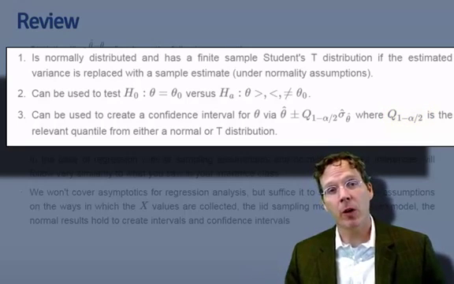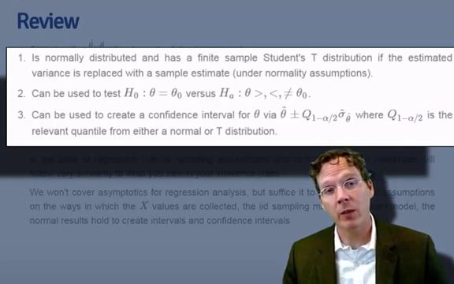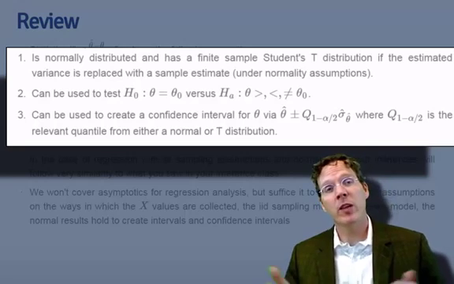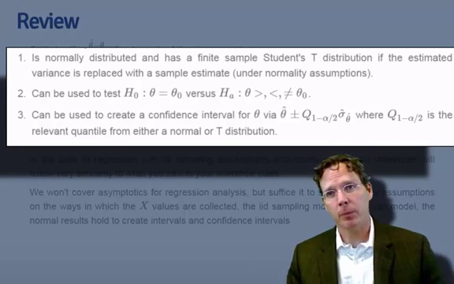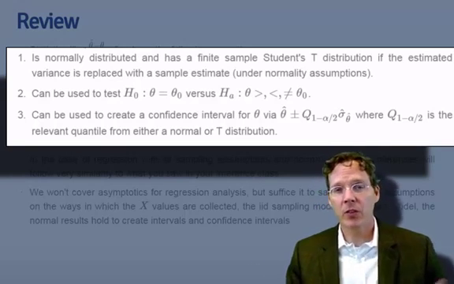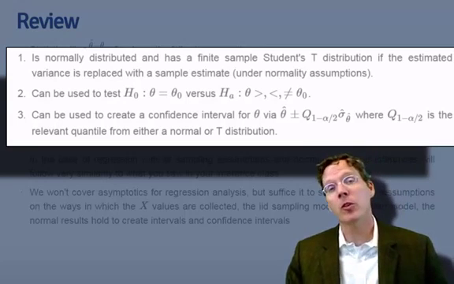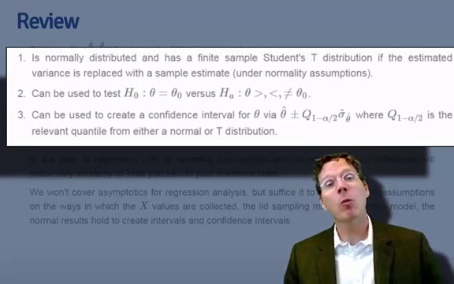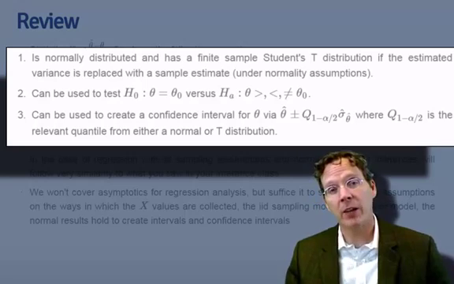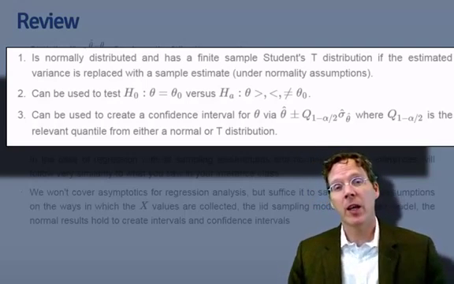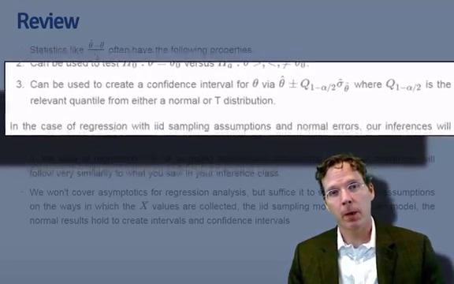For example, if our alpha is 5%, so we want a 95% confidence interval, we take the 97.5th quantile. And this is either going to come from a normal distribution or a t-distribution. So hopefully none of these facts are news to you after having had the statistical inference class.